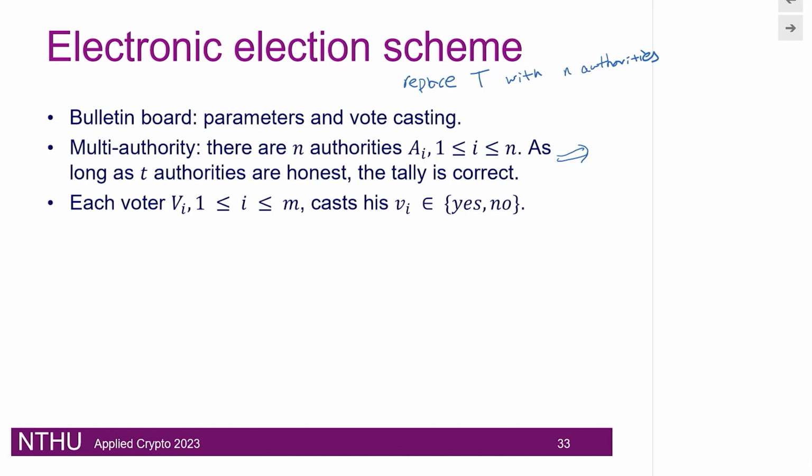The rest of them could be hackers, they could be bad players, that would do arbitrarily wrong computation. As long as t out of n of those authorities are honest, then we will be able to continue with our election system confidently, knowing that the results are correct.